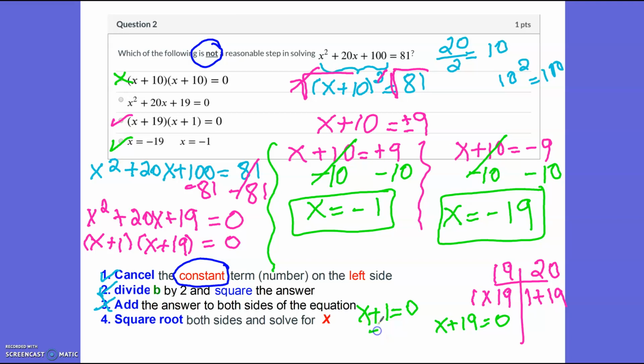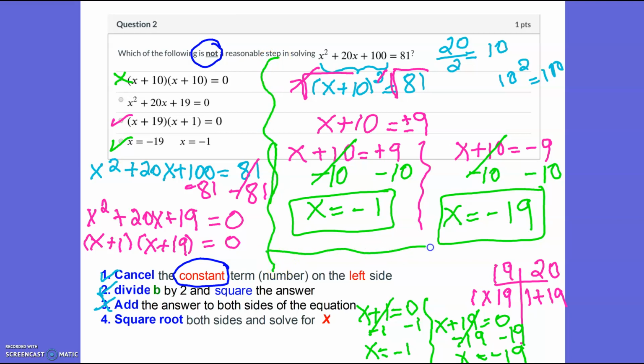I am going to subtract 1 and x equals negative 1. On this side, I'm going to subtract 19 from both sides so I can cancel 19 and x equals negative 19. So with this equation, I could solve it by completing the square, and I can solve it by factoring.